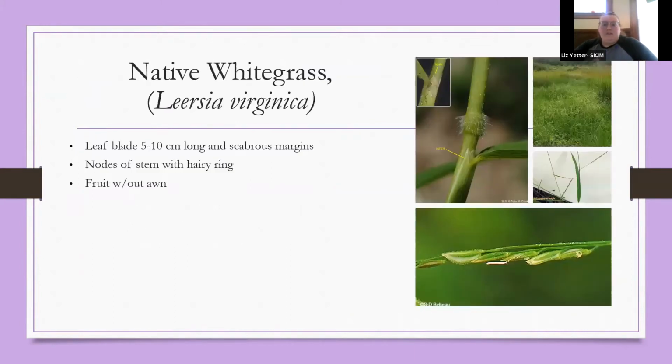Now onto some lookalikes. We have one native lookalike that commonly gets confused because they do grow in a similar area. So this is our native whitegrass. As you can see here, the nodes, where the stems come together on the native whitegrass, are fuzzy, so they're going to have fine hairs, whereas the stiltgrass does not.